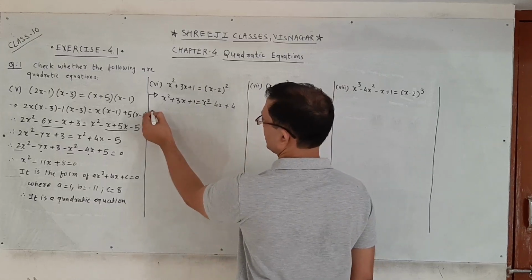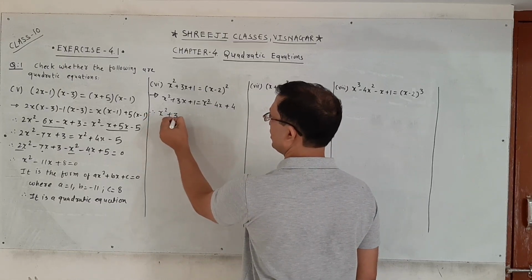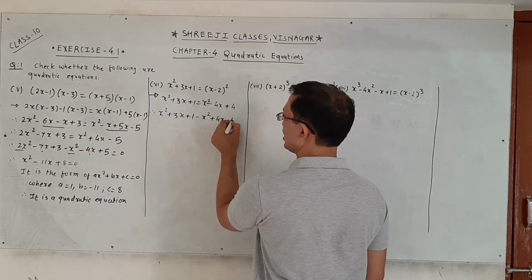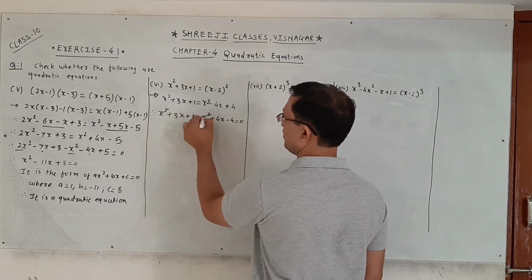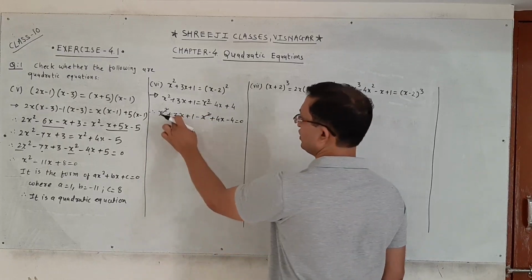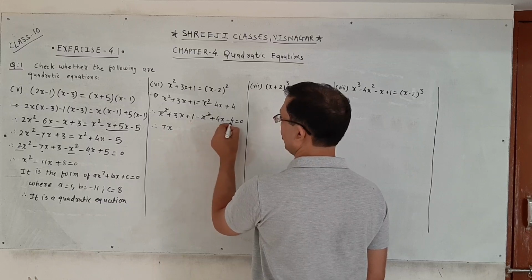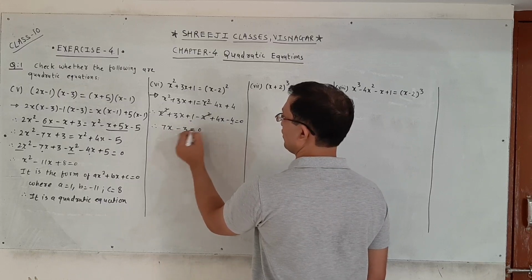All terms transposing right side to left side, that is negative x square plus positive x minus 4 is equal to 0. Positive x square and negative x square are cancelled. 3x plus 4x, that is equal to 7x. 1 minus 4, that is negative 3 is equal to 0.